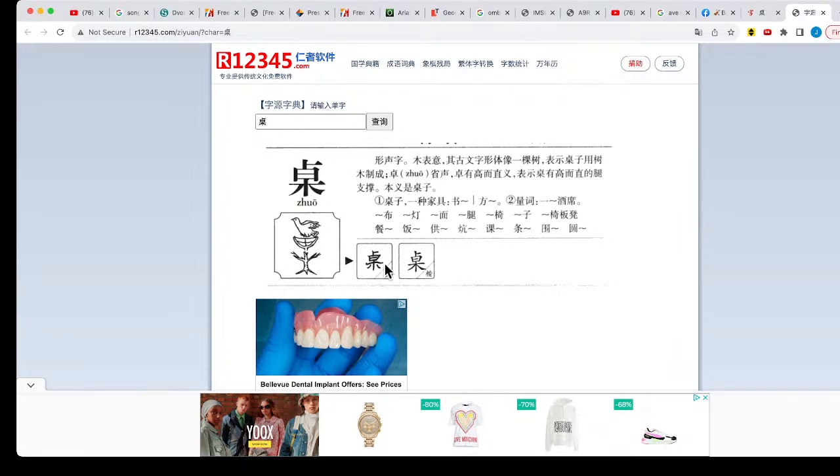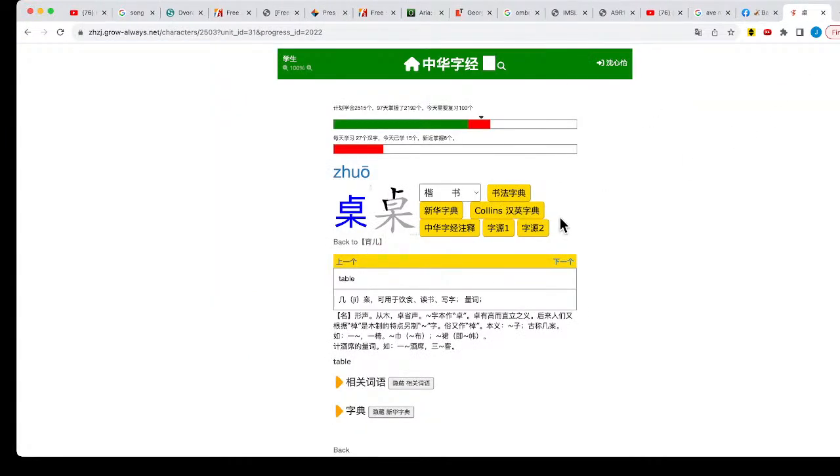And on the top is the character 桌, the meaning of 桌 means tall and straight. When you're building a table, you have to build it tall and straight, right? So they use that 桌 to represent table. So that's 桌. Let's take a look at the next one.